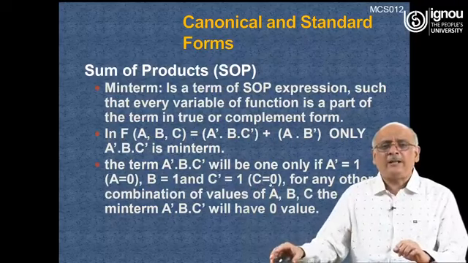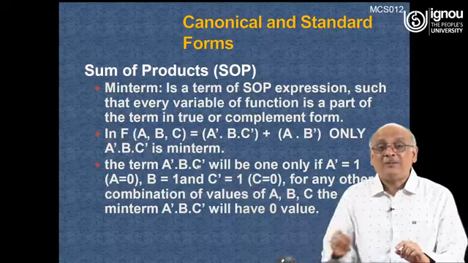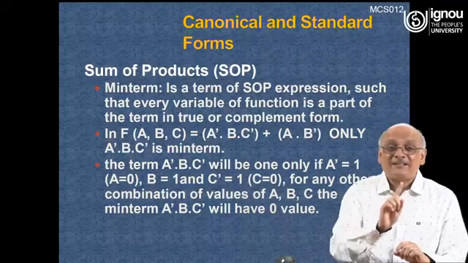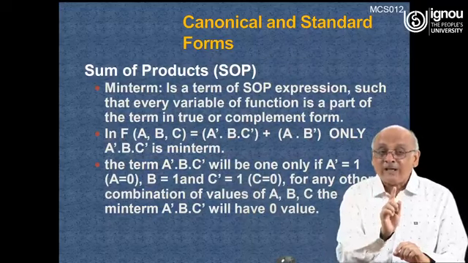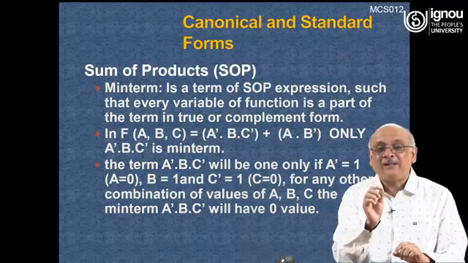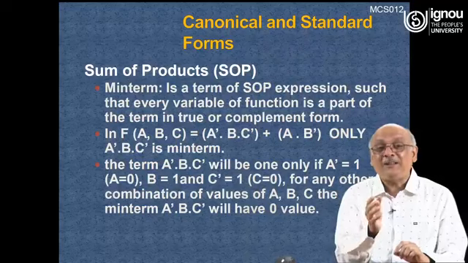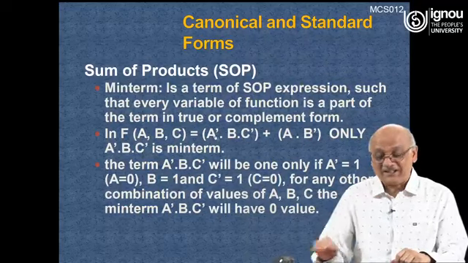For all other combinations, this particular term will have a value 0. This is very, very important, because this is a 1:1 match to the truth table. That means one min term is mapped to exactly one term in the truth table. That will lead to many good things when we actually design the circuit.